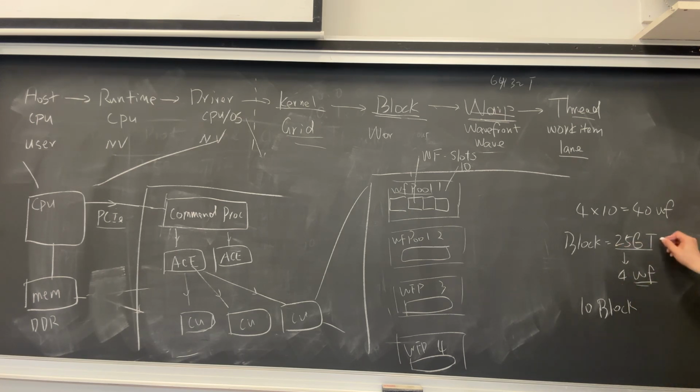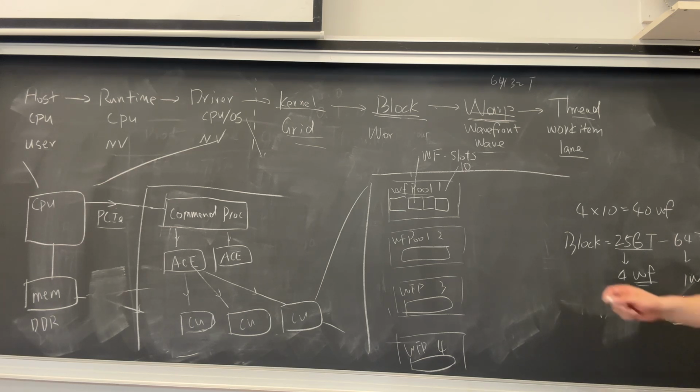For example, if you have 64 threads, that's 1 wavefront, and in that case, you can have 40 blocks. You cannot have more. Even if you have 32 threads, it's still a warp, so you still have 40 blocks executing in one compute unit. And that's a theoretical upper limit.